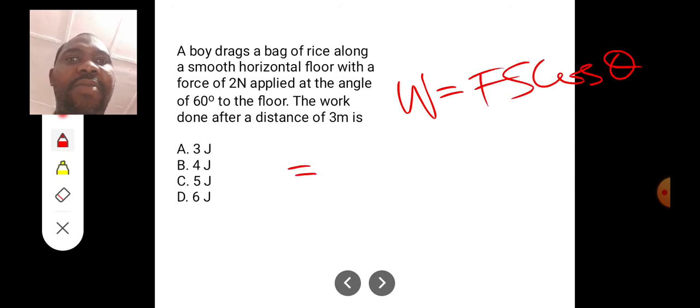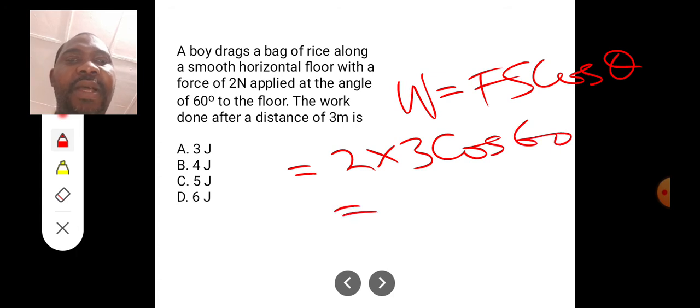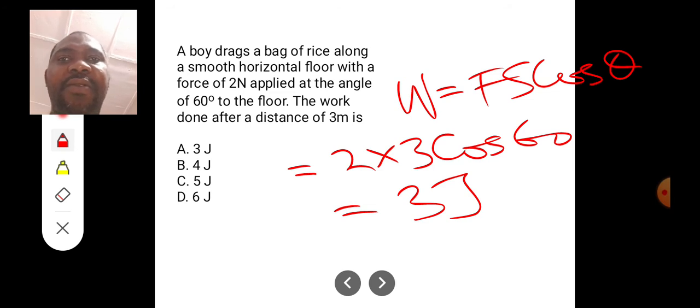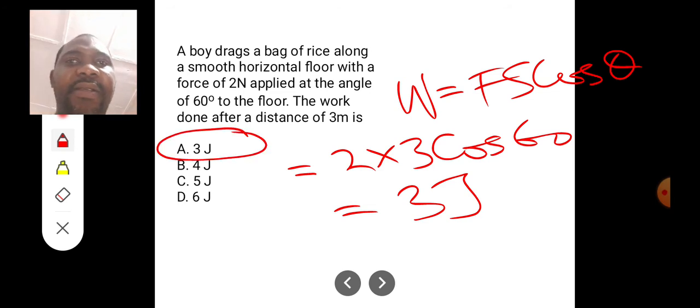So this will be equal to your force, which is 2, your distance, which is 3 meters, then cos 60. The answer is going to give us 3 joules if you use a calculator, because cos 60 is 0.5. So the answer here is A. This is beautiful.